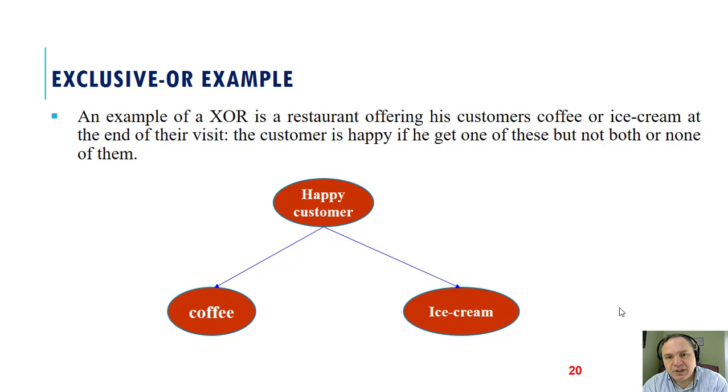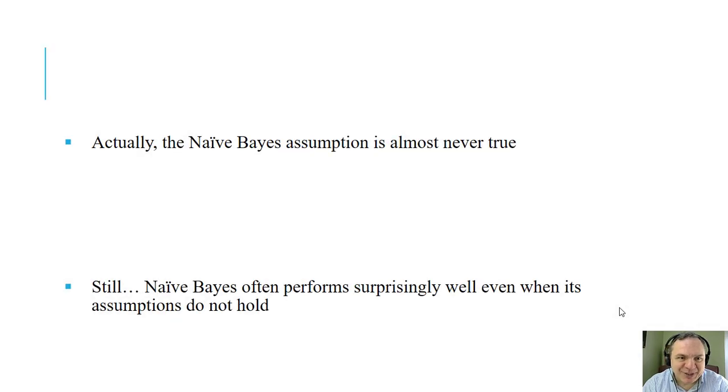If the restaurant gives ice cream, the customers will be happy. But if the restaurant gives coffee and ice cream, people won't be happy because they would see that as strange. Imagine somebody eating ice cream and drinking coffee at the same time. That would be funny.